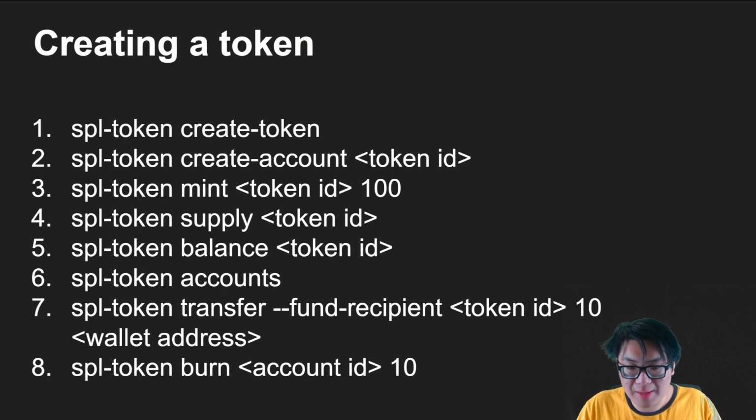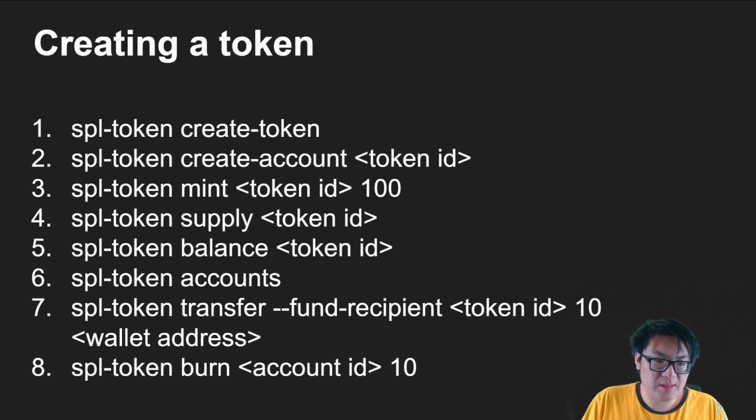The difference between supply and balance is supply is how many tokens are in existence, while balance is how much token you have in your account. So if I were to give 10 tokens away from my 100, I would have a supply of 100, but my balance would be 90. And of course, if we want to check all of that, we can just do the SPL token accounts command. That will tell us the account and how many tokens are still left with that account.